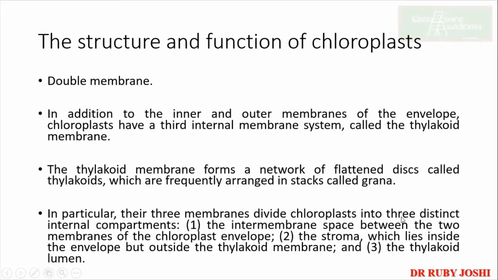Now there are three membranes. So now there are three membranes, which means the protein sorting will be of three types. Correct? One will be for the outer membrane protein sorting.